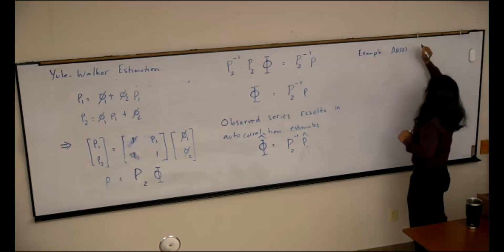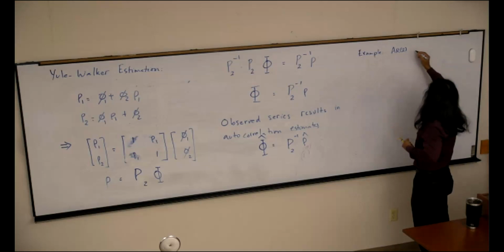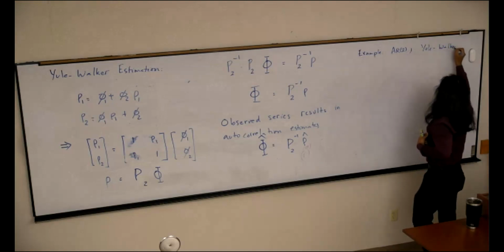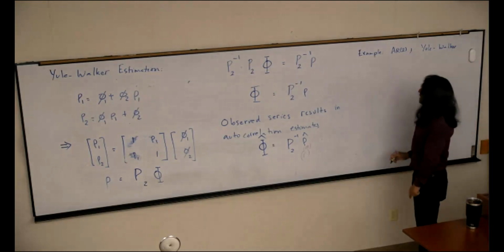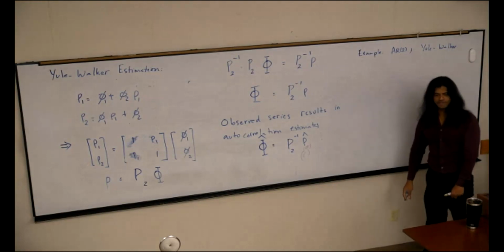Good? Okay, here's a simple example. And we will use R to see this in action. AR(2), Yule-Walker. Suppose I observe some series X_t and I got the autocorrelation function.